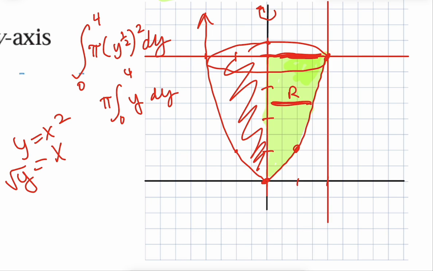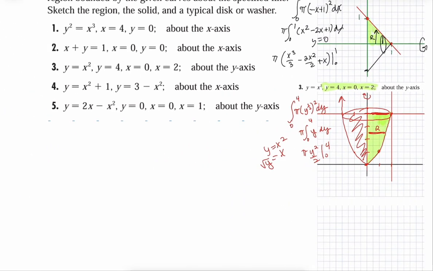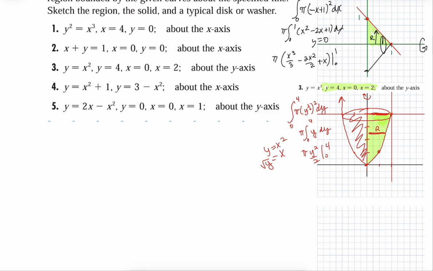Okay, so the antiderivative of y is just y squared divided by 2, plugging in 0 and 4, and then you've got it. Okay, I want to find one that is a washer. This one would be like the graph we draw, kind of. There's going to be one where I've provided the graph, and two where you have to draw it.